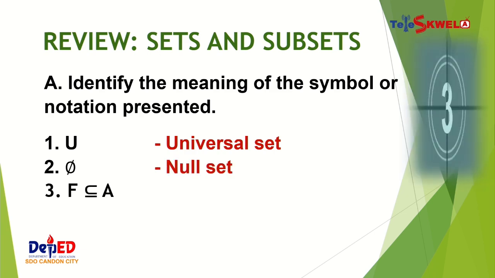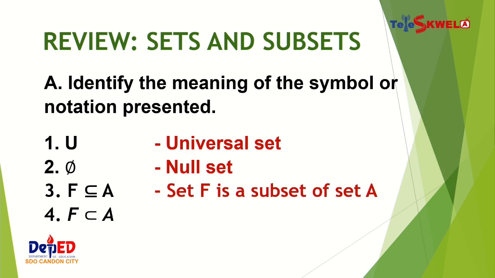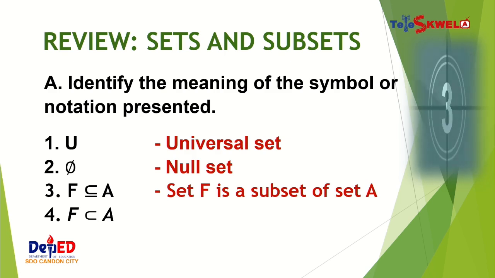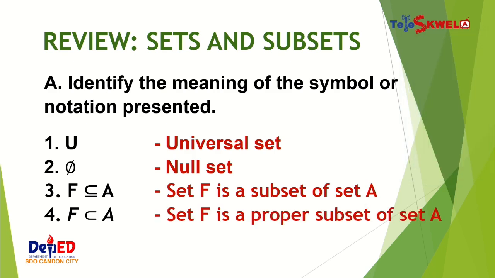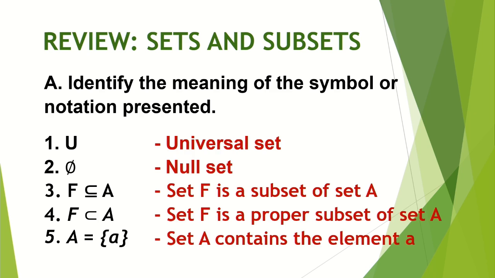Number 3, set F is a subset of set A. Number 4, set F is a proper subset of set A. And number 5, A is a set that contains the element A.